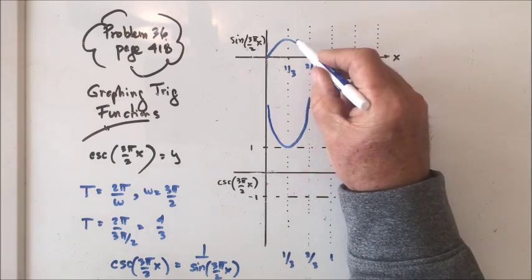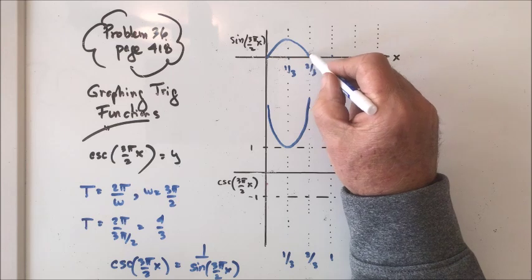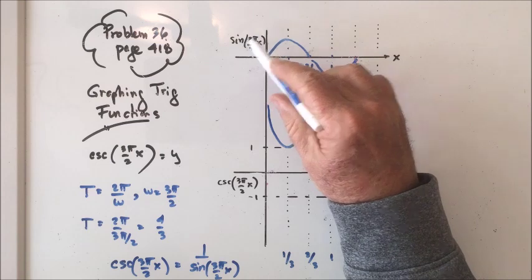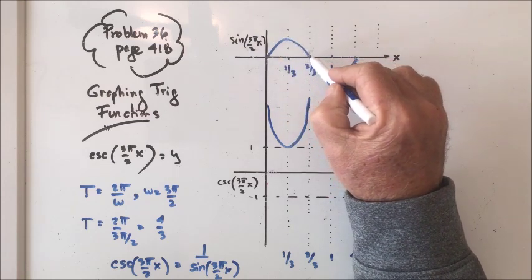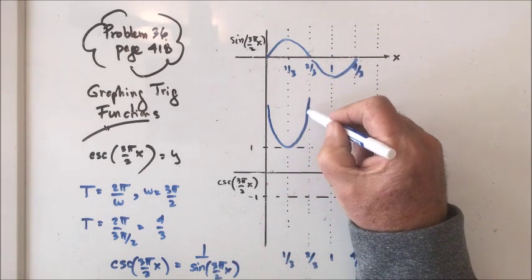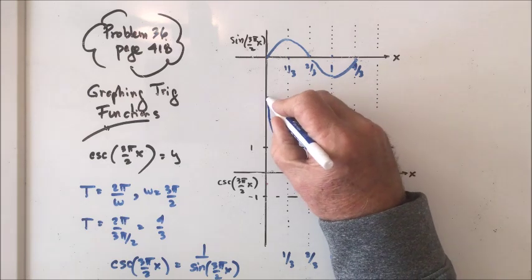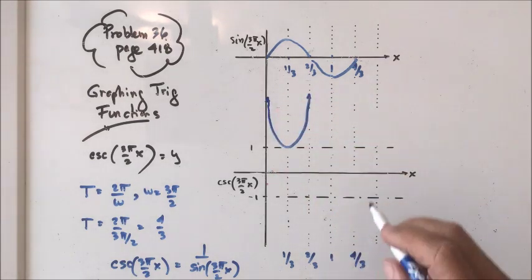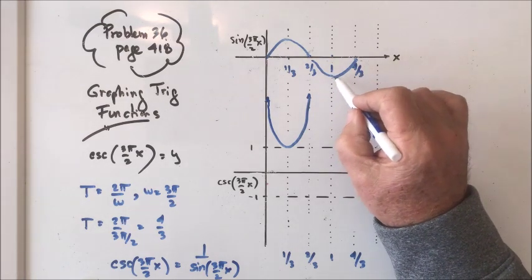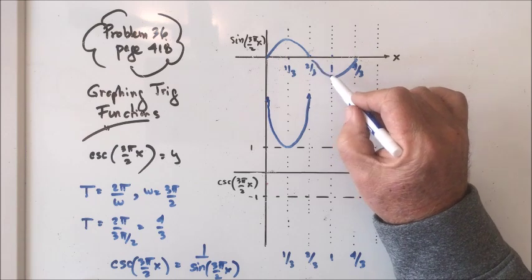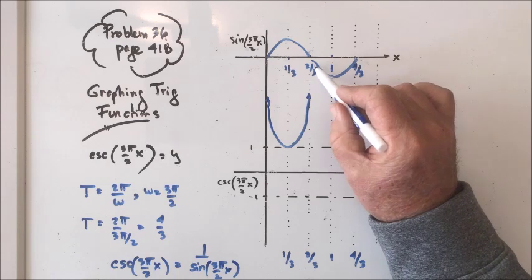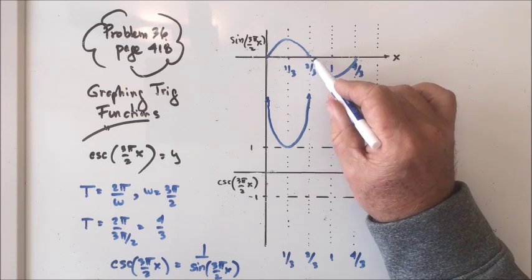Now, over here at the end of the second quarter cycle, which is at x equals 2/3, the sine is decreasing and getting closer and closer to 0, and so 1 over the sine is increasing and leaping up without bound here. Let's do the same thing over here. In between the third and second quarter cycle, the sine is actually increasing, if you will. It's getting closer and closer to 0, but from the negative side.